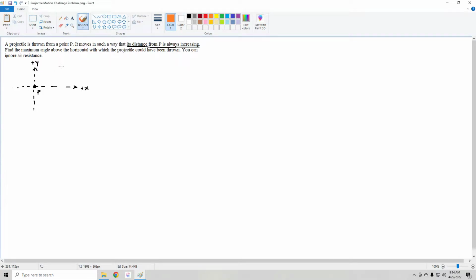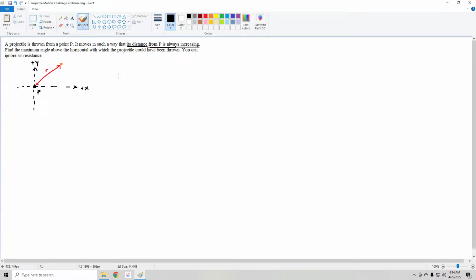So if I drew the projectile at one moment in time, for example, let me make that a little bit more straight. The distance between point P and the projectile is this, and we'll call it r.